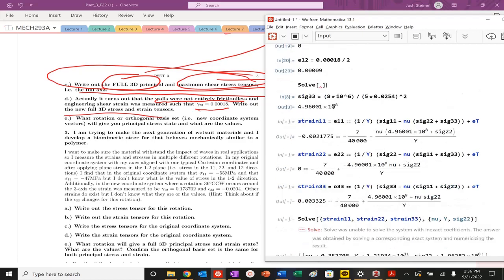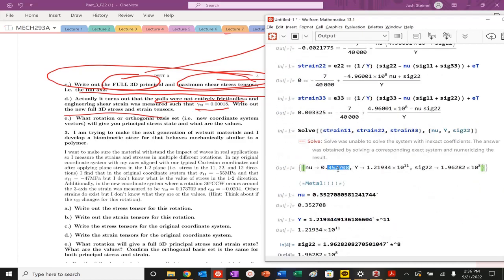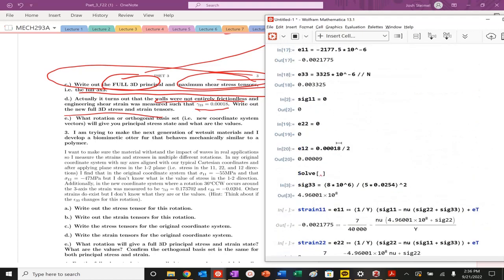And I'm going to plug in my values, just to put in my material properties, because I know that this must be equal to 1 over Y times 1 plus nu times sigma 2-3.